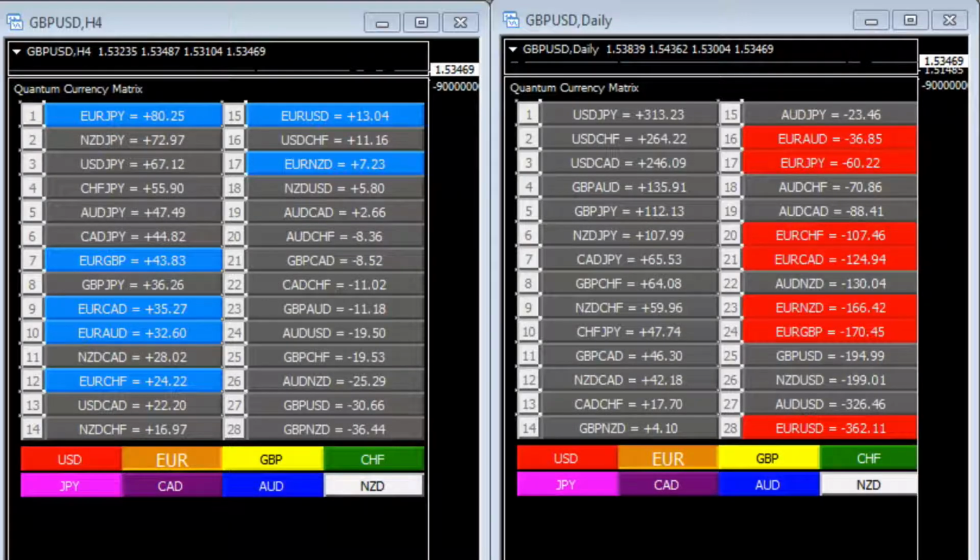The matrix is always used with the charts, but it gives you that global view, if you like, that surround sound view of what is going on in the world of Forex and how the flows are constantly shifting back and forth across the pairs.